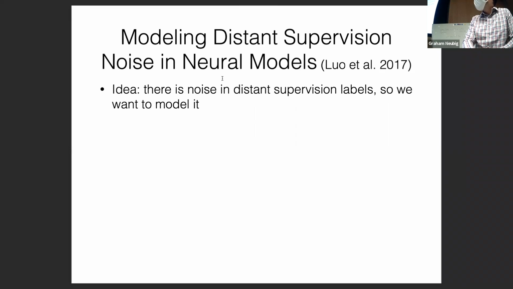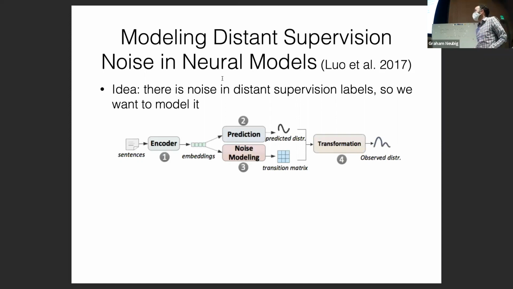One paper that I thought was pretty interesting as a way to do this has a small cleanly annotated corpus where they've actually asked people to annotate relations and say, this sentence is definitely indicative of this relation, this sentence is definitely not. And you start by training a model on that data, or you do multitask learning where a model is trained on that data to actually make predictions.